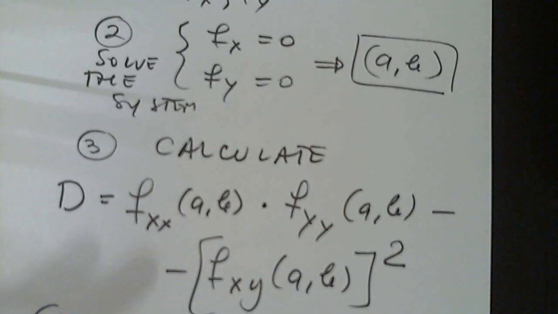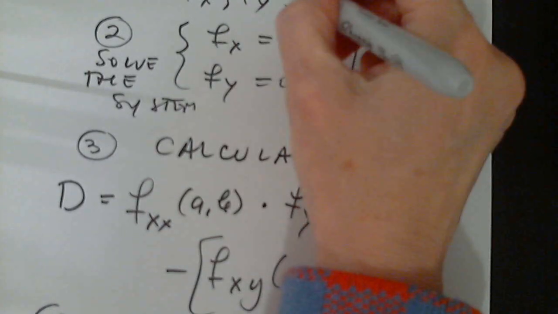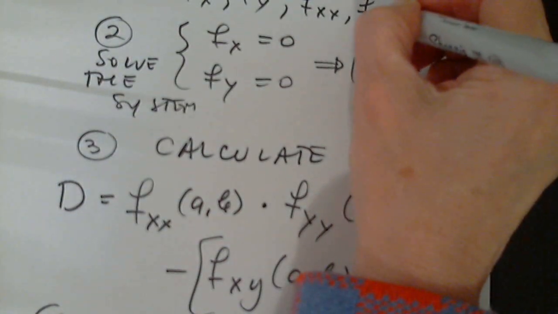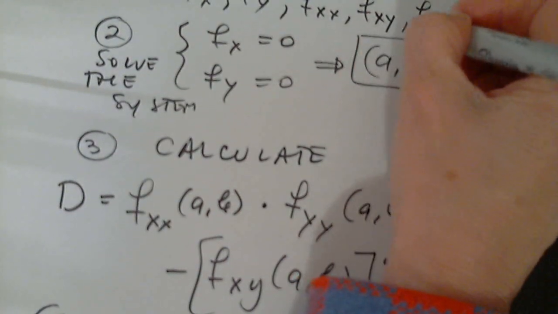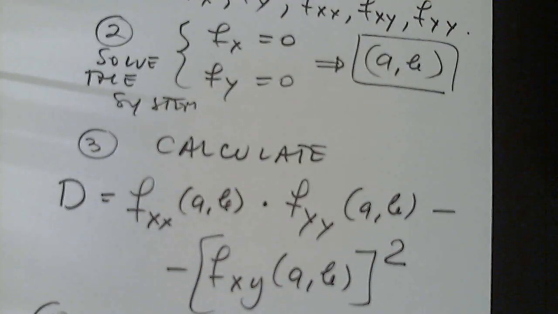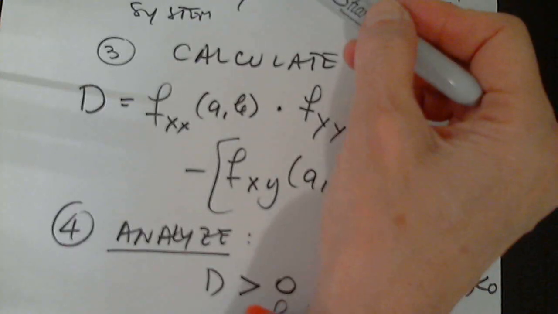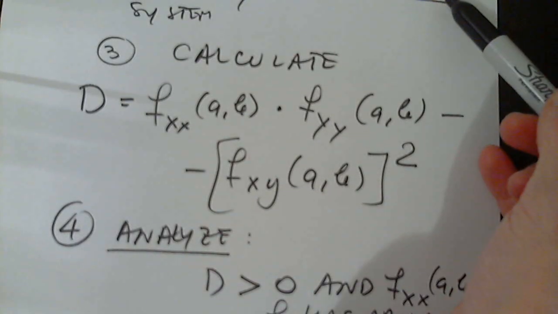Of course, I should have maybe mentioned from the beginning, also find fxx, fxy, fyy. Okay? But only use fx and fy to create a system to find points or point. And then I calculate d.